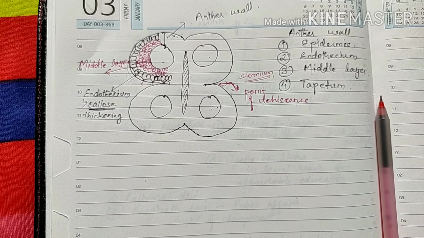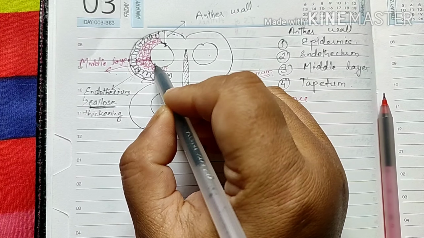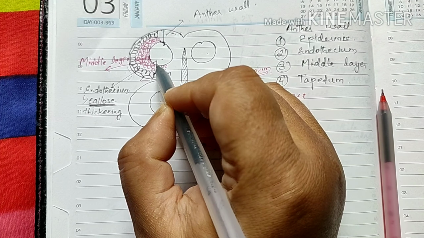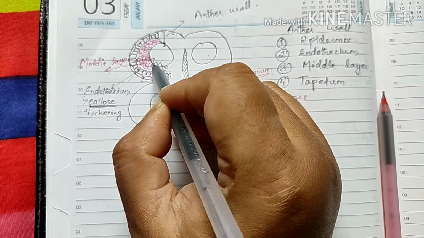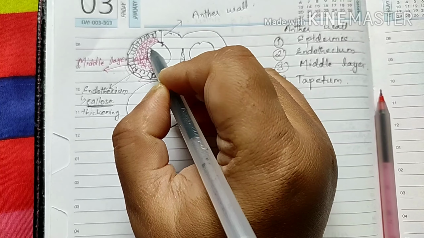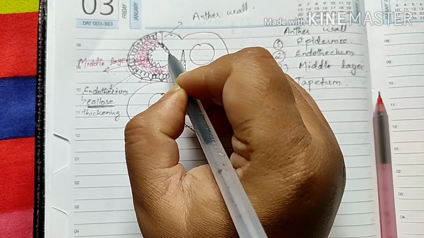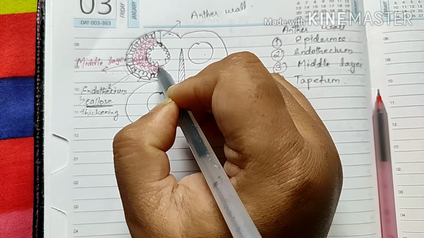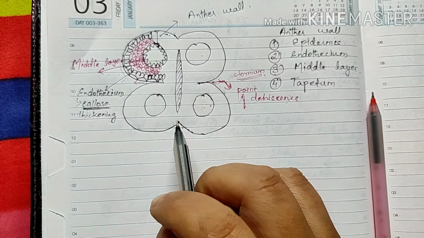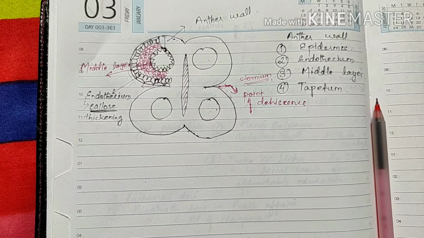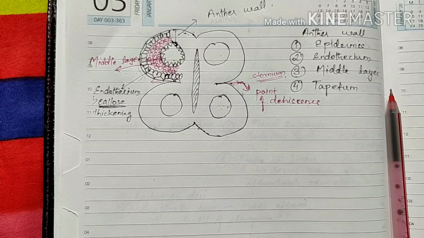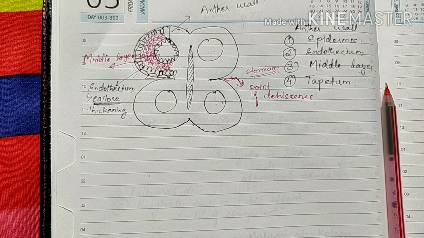Now tapetum is the fourth layer and the last layer of the anther wall, and it is containing pyramidal cells. These pyramidal cells are multinucleated and they are dense with cytoplasm.